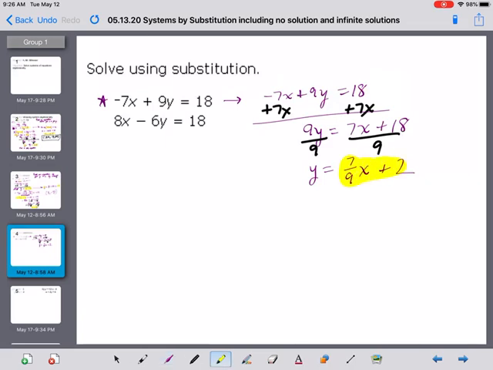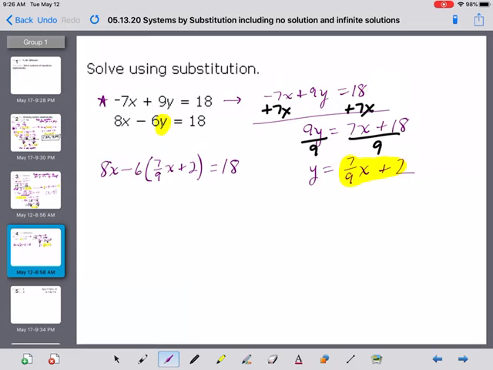So when you see y in the other equation, it has to be the other equation, then you plug in that expression. All right, here we go. 8x minus 6 parentheses 7/9 x plus 2 equals 18. Oh, those fractions. You'll be fine.